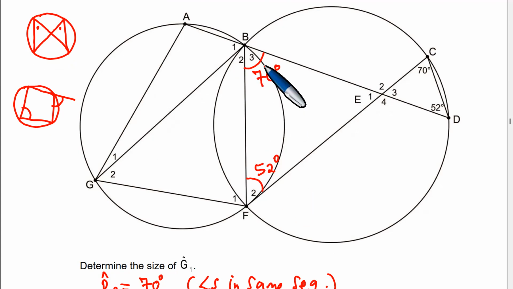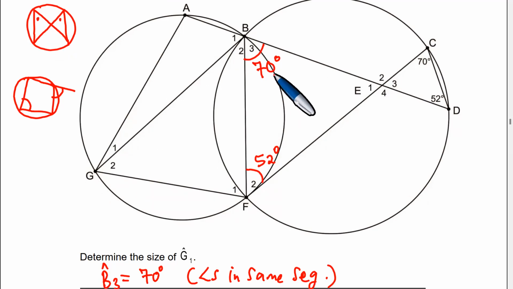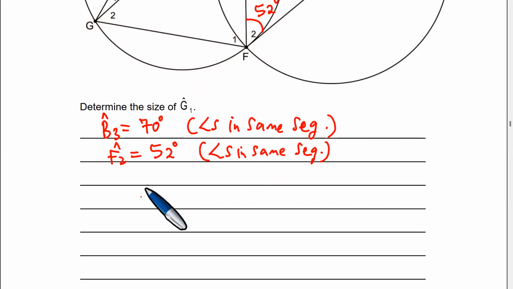And therefore it means that this angle here, which is B3, is equal to G1 and G2. That means G1 and G2 together equal 70 degrees. We write that one down: angle G1 plus angle G2 is equal to 70 degrees. Why?